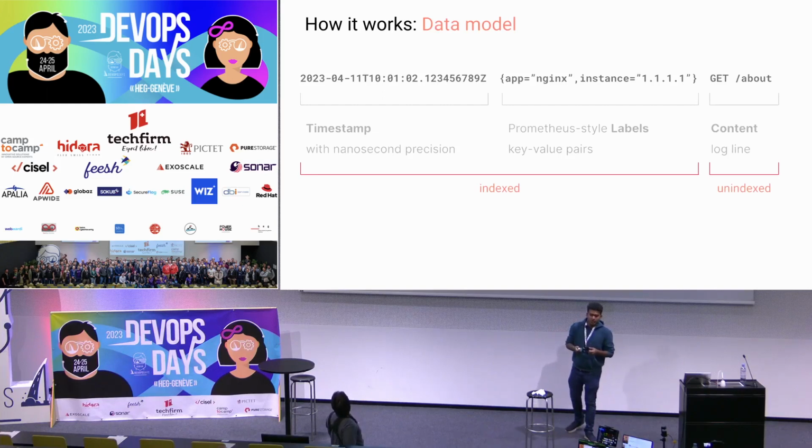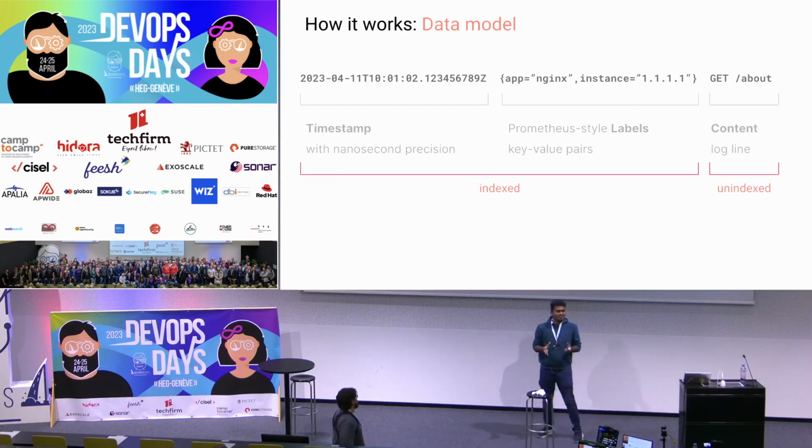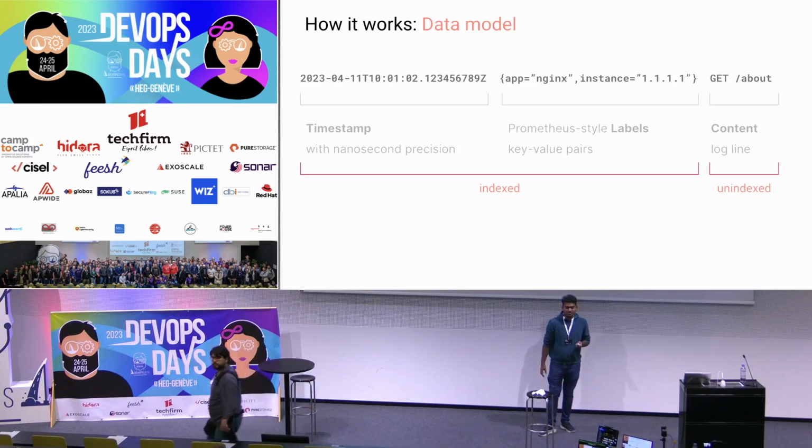The interesting thing to note here is we don't index your log, even though we are a logs database. We index only the timestamp and the metadata, which is the key value pairs you send, and that's it. We don't index your logs, right?